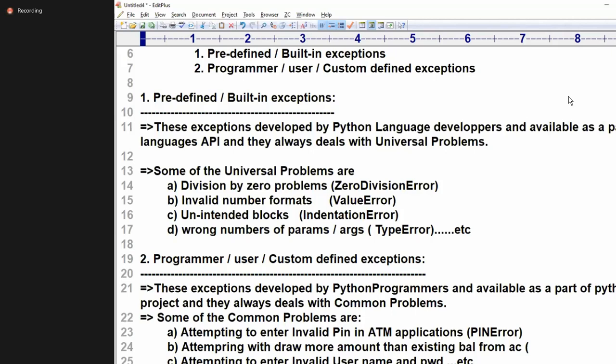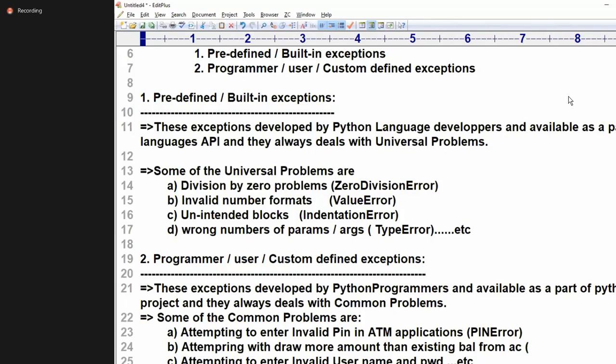This is the ultimate procedure in real time. You take any Python student and they don't know anything about exceptions, guys. It's damn sure. Now, we understand types of exceptions in the class. How many types of exceptions are there? Two types.